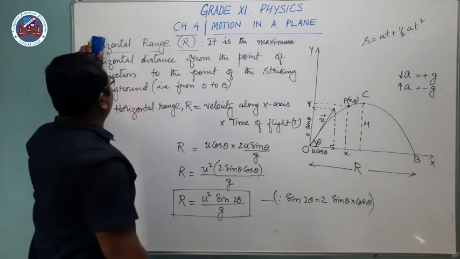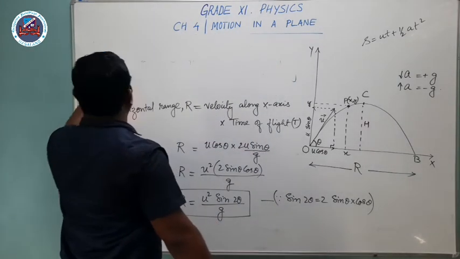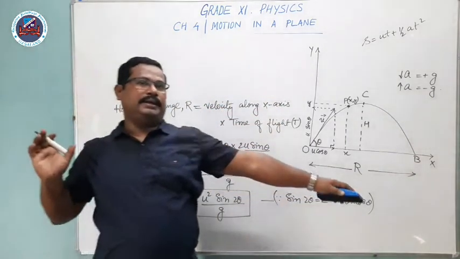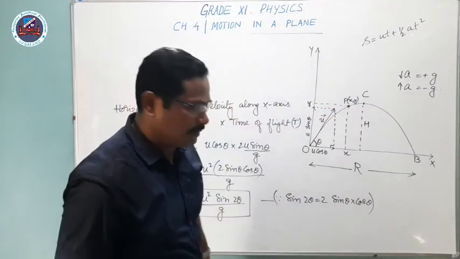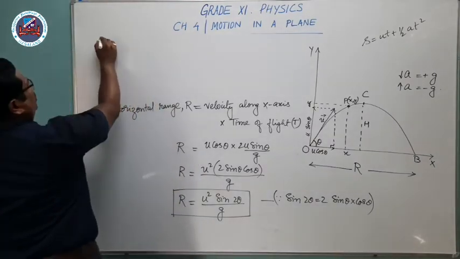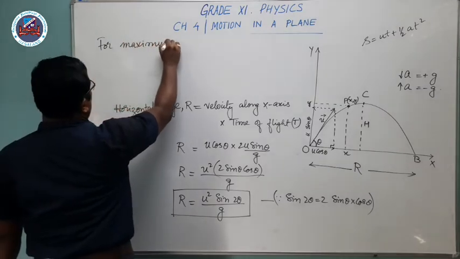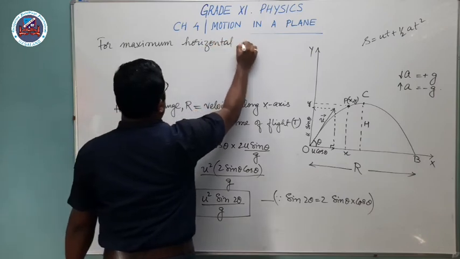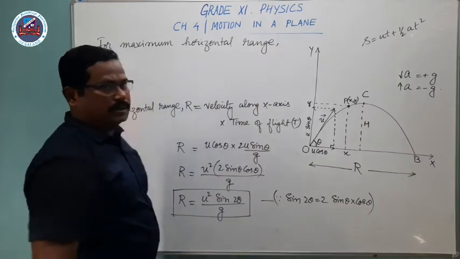But for maximum horizontal range, suppose you are playing shot put, then at what angle do you have to throw so that it reaches the farthest distance? How can you find that from here? For maximum horizontal range, the highest value of sine is 1.